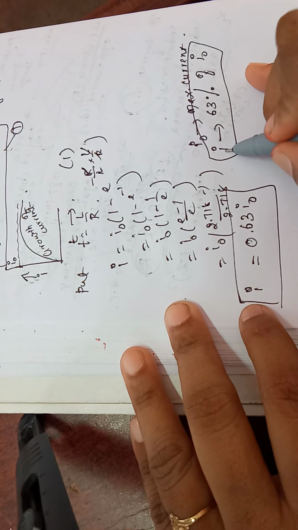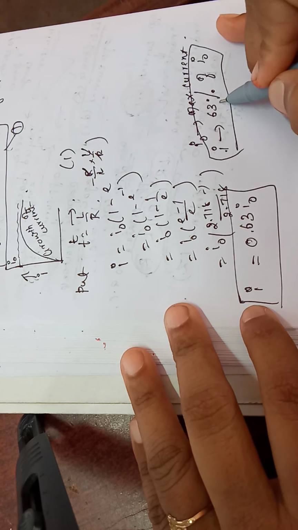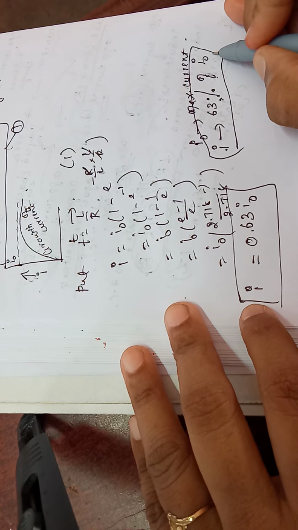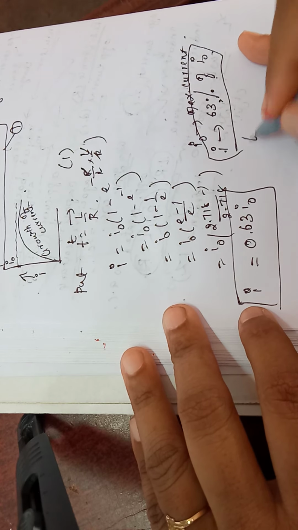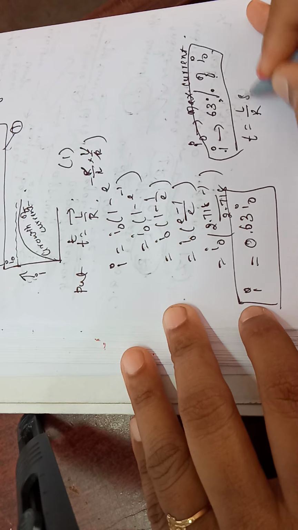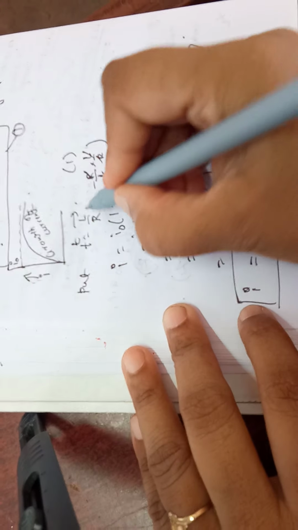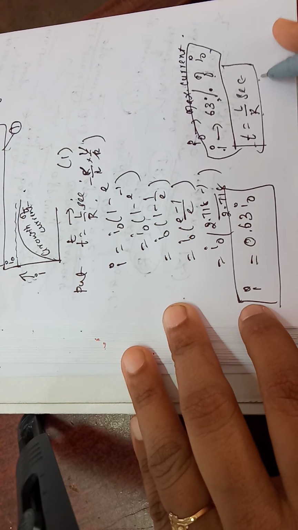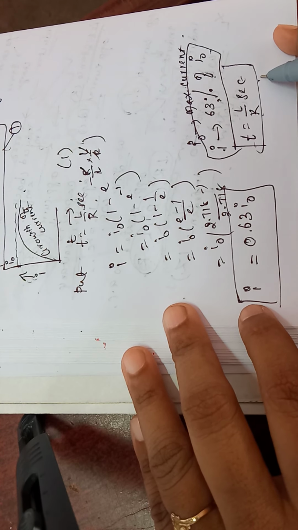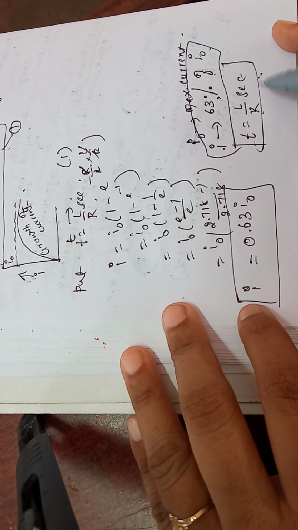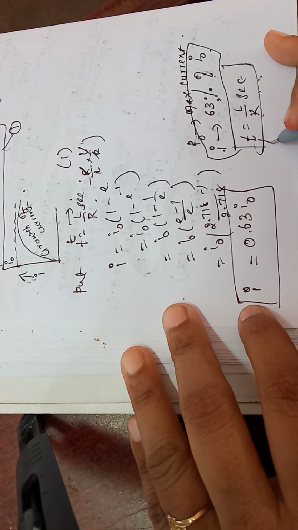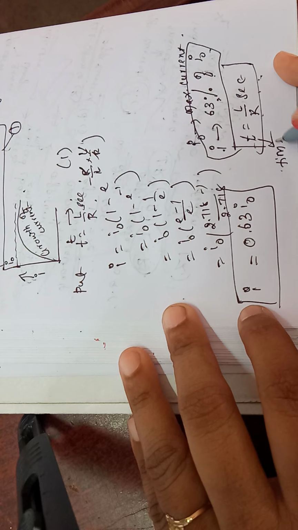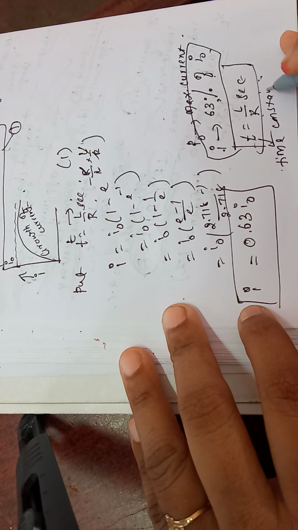So for I to increase to 63% of maximum current, how much time has it taken? L by R seconds it has taken. And this time we call the time constant.